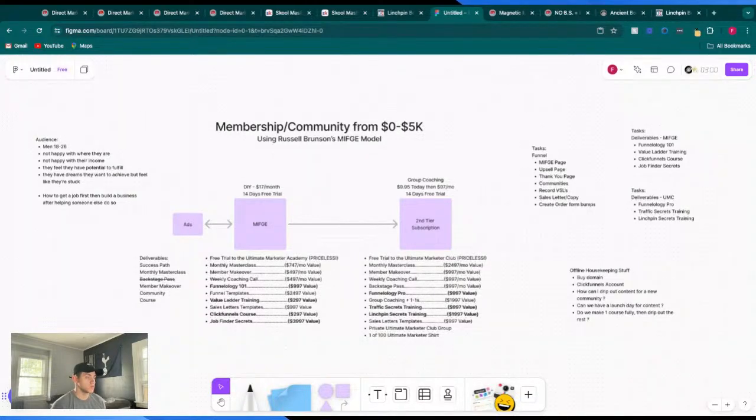So yeah, we've got offer stacks built out. We've got our audience, which are men in the age range of men like myself. I'm 24 right now, but I've probably been at this marketing stuff since like 16. But obviously I don't want to market to those young folks. So men 18 to 26, not happy with where they are, not happy with their income.